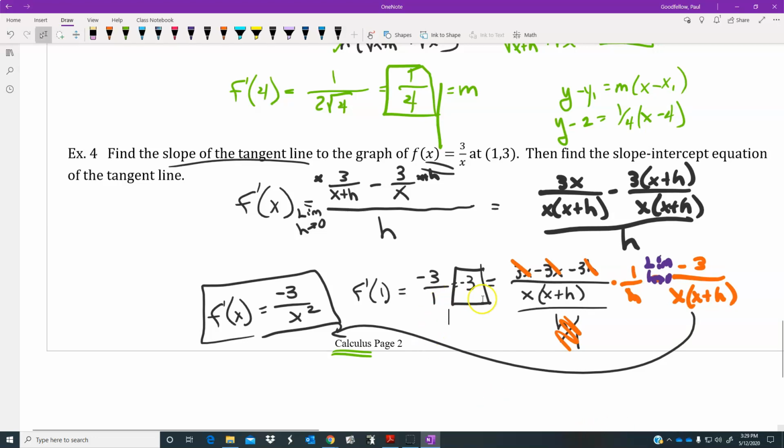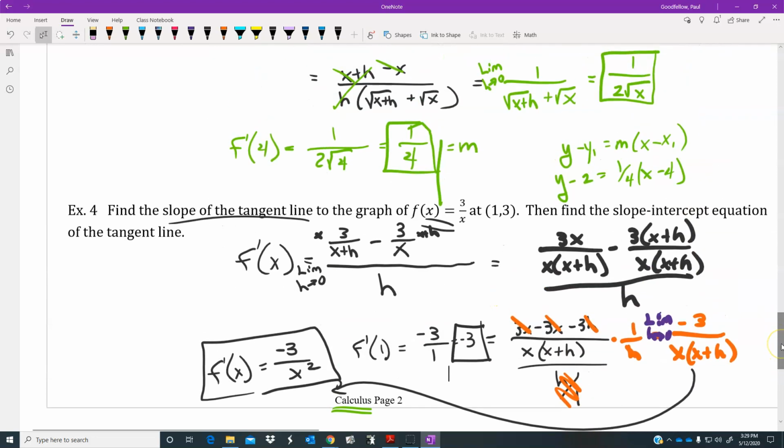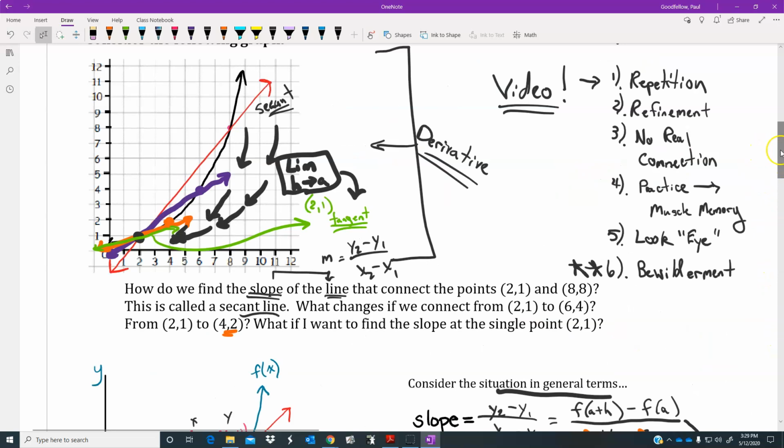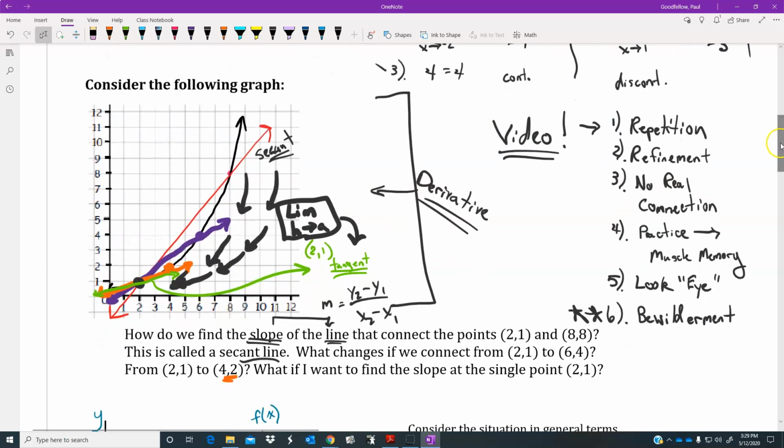Okay, so, whoa, wow, that's some pretty cool math. All right, now the key to this is going back to these fundamentals that Miyagi talked about. If you're going to be good at math, you need to find a way to be repetitive. That's why practice makes perfect.